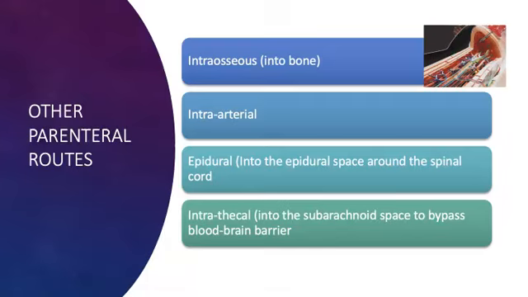There's also epidural, into the epidural space around the spinal cord, and intrathecal, which is administered into the subarachnoid space, bypassing the blood-brain barrier. Some of those could be chemotherapeutic agents administered for patients with certain kinds of cancers.